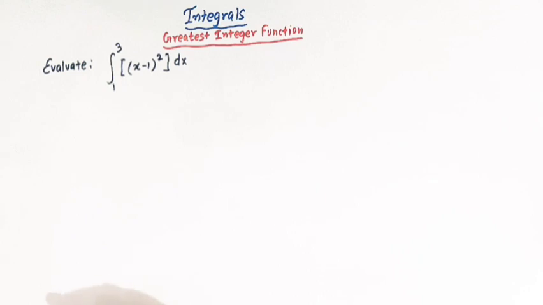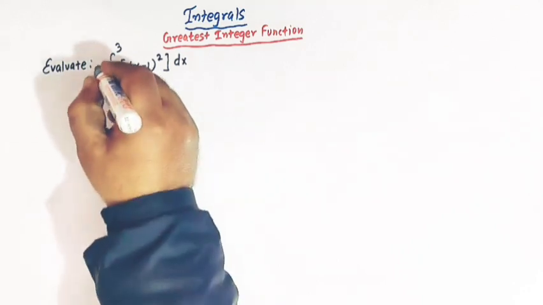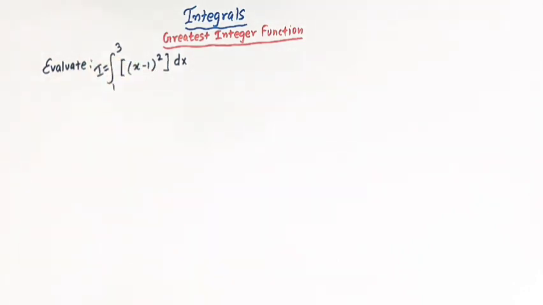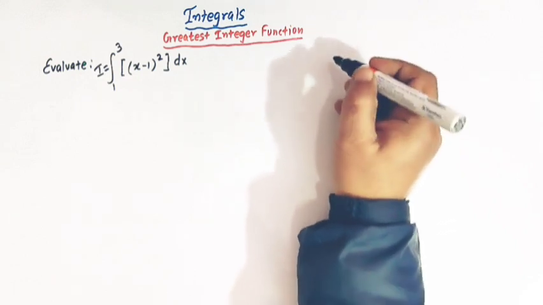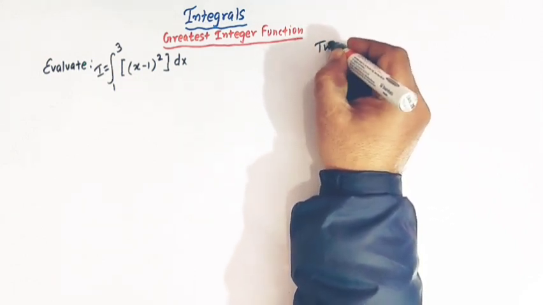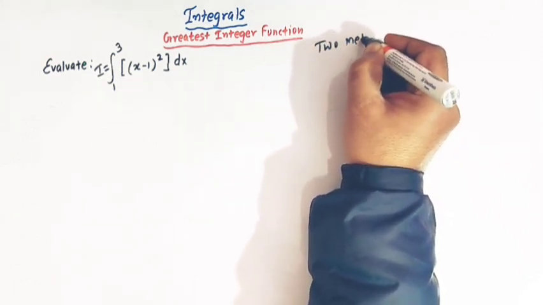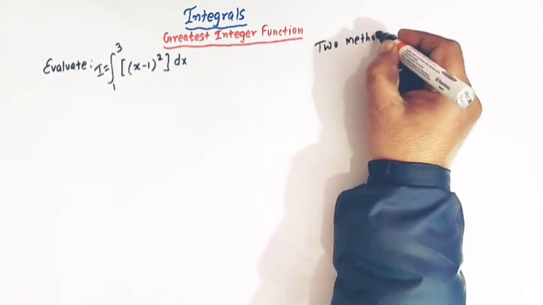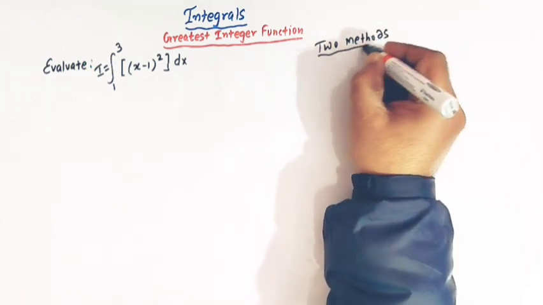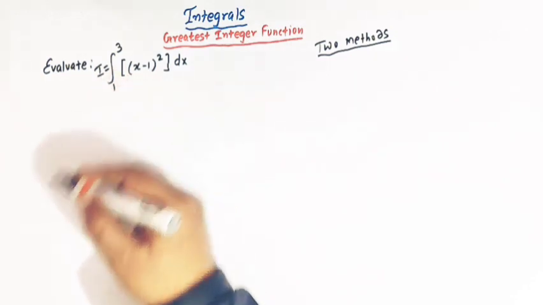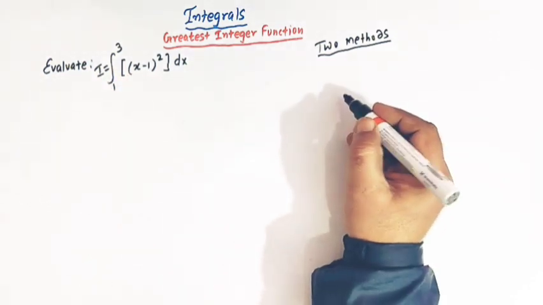So let us start and first take this integral as I. Viewers, we can solve this integral by two methods. We have already uploaded integrals of this kind in our previous videos.